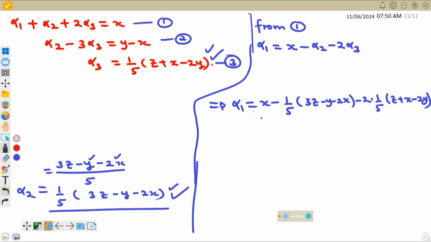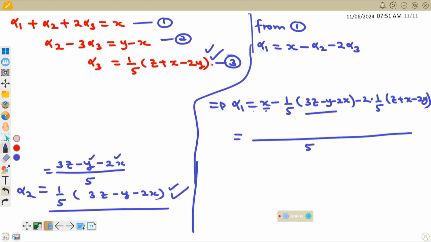So substituting for alpha 2, which is 3z minus y minus 2x divided by 5, then minus 2 times alpha 3, which is z plus x minus 2y divided by 5. So from there we shall get our LCM, which will be 5.